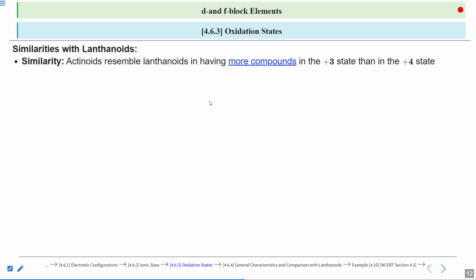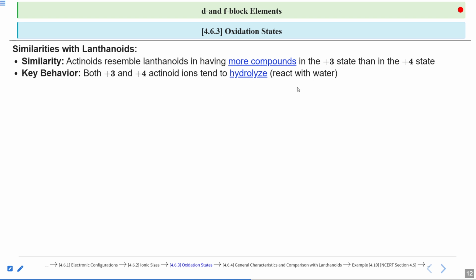Because every element in the actinoid series is going to have a +3 oxidation state. The same was observed in the lanthanoids. The key behavior is that both +3 and +4 actinoid ions tend to hydrolyze. That means they react with water.